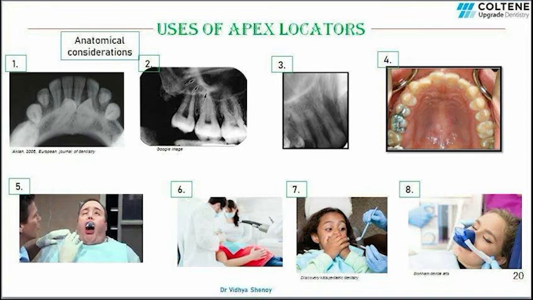So these electronic apex locators can be used for determining working length. It is useful in patients who cannot tolerate X-ray film because of gag reflex, in pregnant patients to reduce radiation exposure, in children who may not tolerate taking radiographs, and in patients who are heavily sedated.